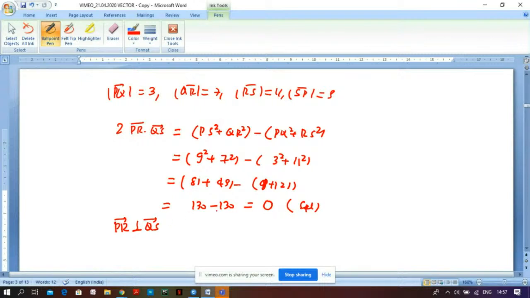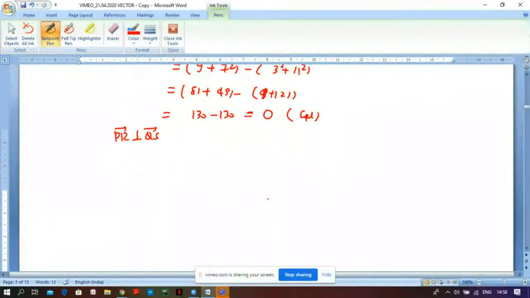This effect will come again and again. If the numbers were so chosen that this was not 0, you would get some answer, positive or negative. Here it is 0, which signifies that indeed the directions PR and QS are perpendicular. Let me quickly do a problem on this perpendicularity.